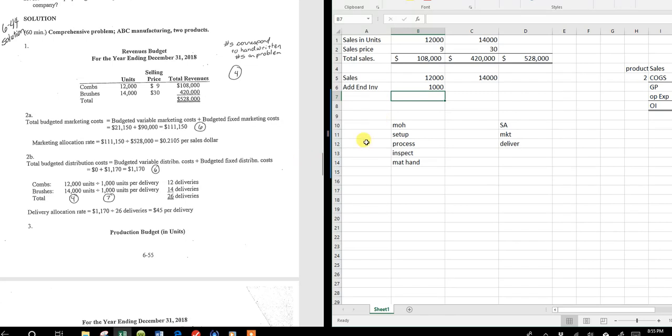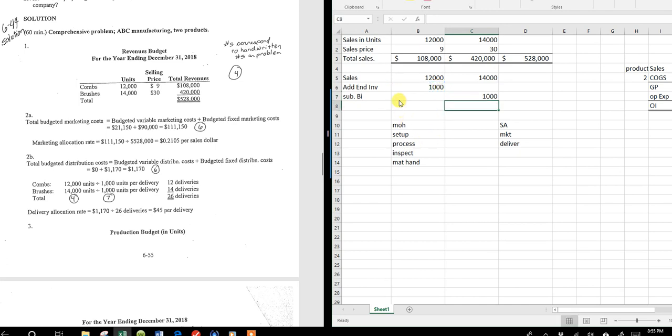Okay, and so I'm going to produce that, but notice I've already made 1,000 of these 14,000 combs. So if I've already made them, I don't want to make them again. So I need to subtract beginning inventory because it's already made. So ending inventory becomes beginning inventory.